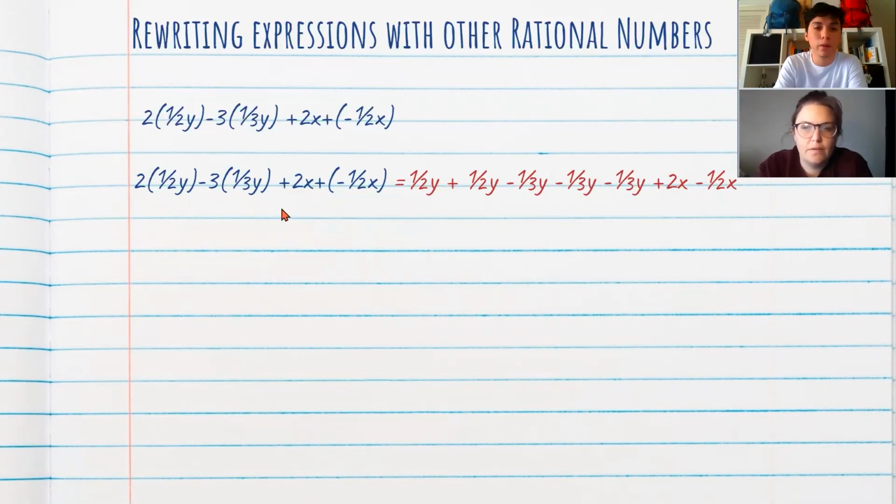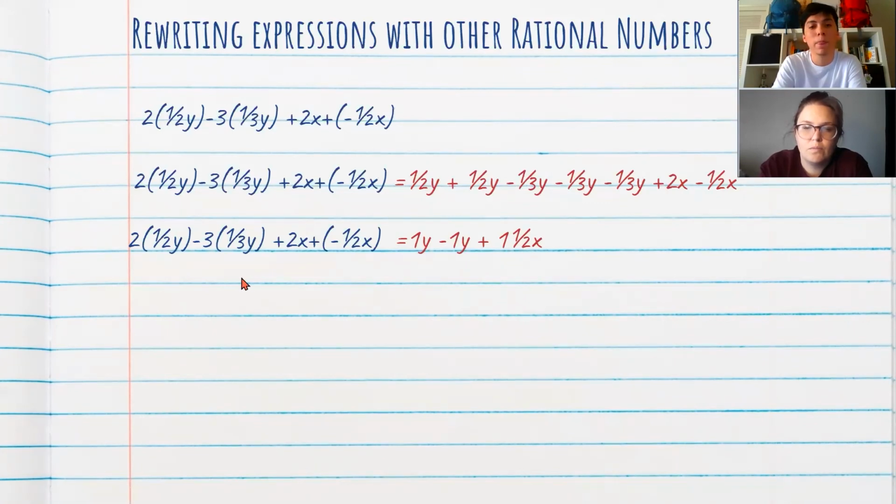And after that, you would combine the like terms with the same positive or negative sign. So half y plus half y is 1y, and minus 1/3 y minus 1/3 y minus 1/3 y is -y. So you do 1y minus y, and then you have plus 2x minus half x, and this could be brought down to be 1.5x.